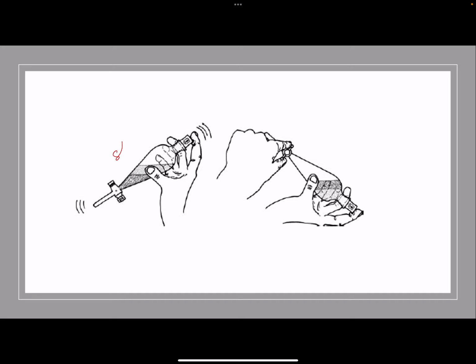Okay, so this is your shaking venting step. You're going to shake, invert, and then open the stopcock. Okay? Again, shake, invert, and then open the stopcock. We open the stopcock because we have to release air.